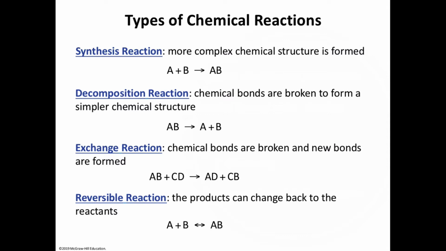In the decomposition reaction, these bonds here are broken to take what was more complex into its simpler component parts. You can just look at it right here, such as molecules of water can decompose to the products hydrogen and oxygen. So what was once H2O is now those two hydrogens and the oxygen separately.